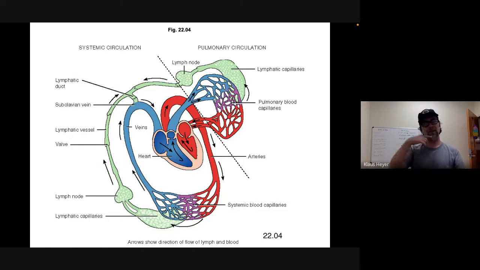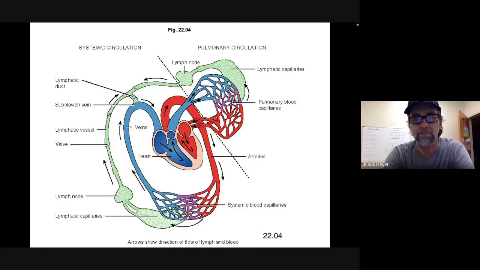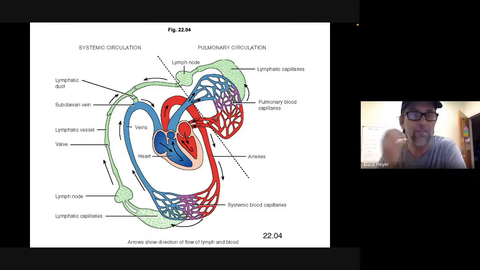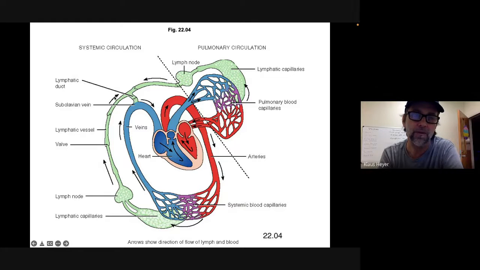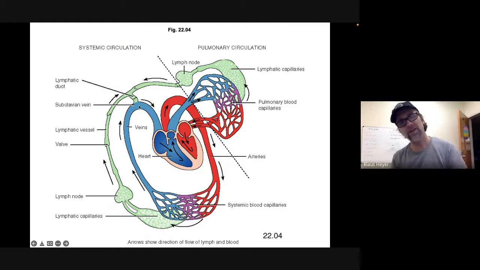So it is kind of like a circle if you're talking about fluid. Because some fluid leaves the capillaries and doesn't go back, we have to get that fluid back to the blood in a different way. So the lymphatic system picks it up, takes it through the body, dumps it back into the subclavian vein. Then it's back in the blood again.